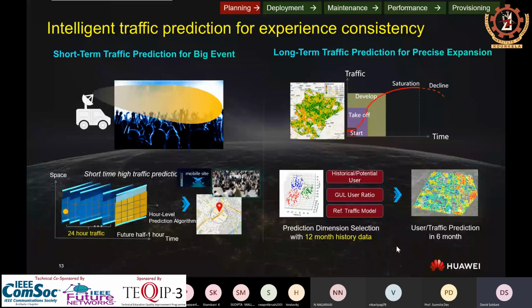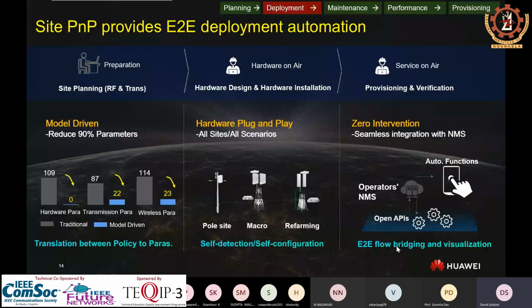Then deployment. This is a plug and play type of solution, and it is already in place. What it is all about is that we are thinking of a way to simplify how the parameters are set. So instead of using a single parameter itself, we can have a policy translation to parameters that basically reduces by 90% the number of parameters you need to configure.